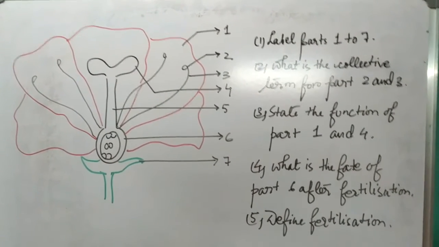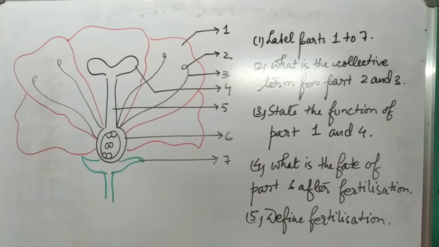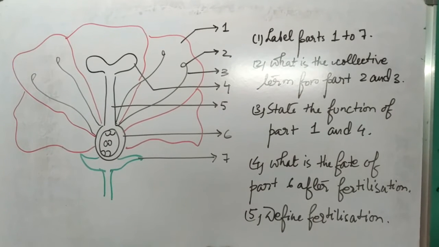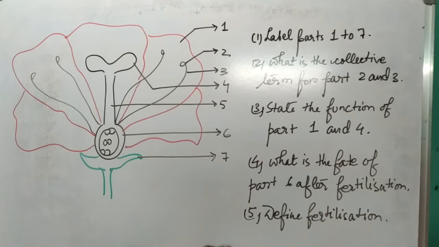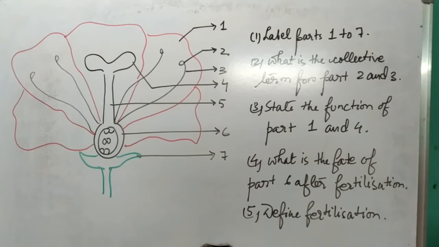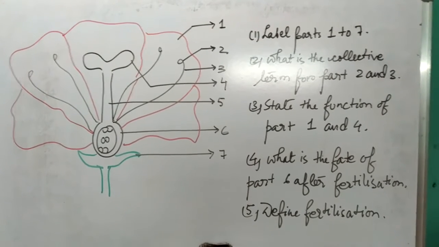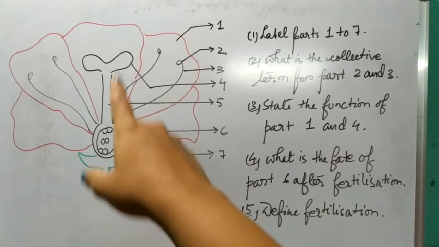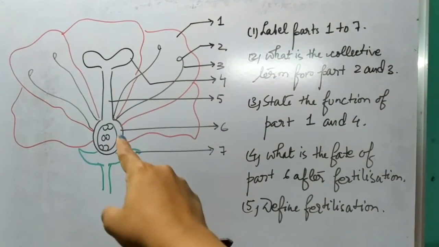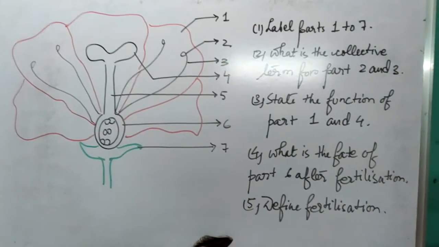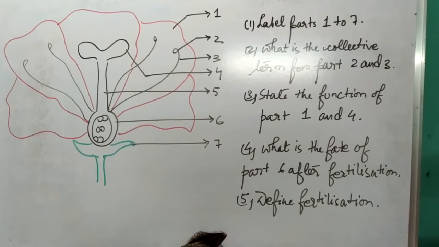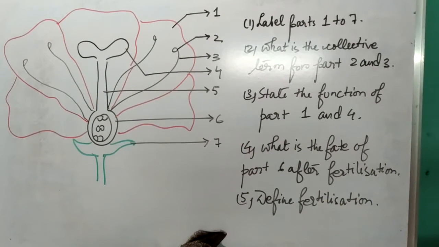Fertilization is the fusion of male and female gametes to produce a zygote. The male gamete is produced by the anther, which produces the pollen grain containing the male gamete. When it lands on the stigma, it travels down to the ovary, and inside the ovary there is an ovule, which consists of the female gamete.